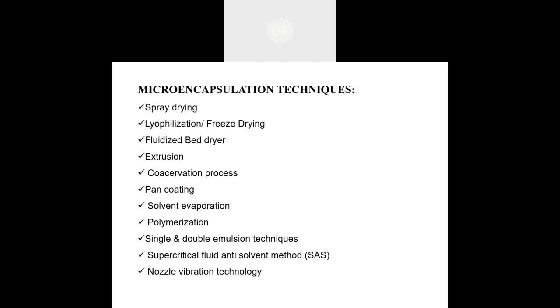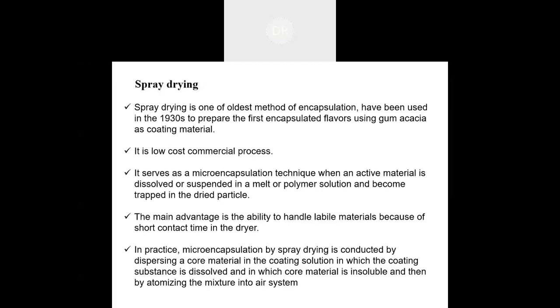I have listed the techniques: spray drying, lyophilization or freeze drying, fluidized bed drying, extrusion, co-conversion process, pan coating, solvent evaporation, polymerization, single and double emulsion techniques, supercritical fluid anti-solvent method, generally called the SAS method, and the nozzle vibration method. These are some of the techniques used for encapsulation of products. Now we will see them one by one.